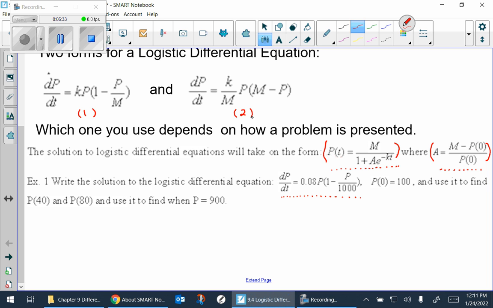dP/dt equals 0.08P(1 - P/1,000). I think it kind of looks like this form right here. And if that is indeed the case, which it is, we've got k times P. I think k equals 0.08.